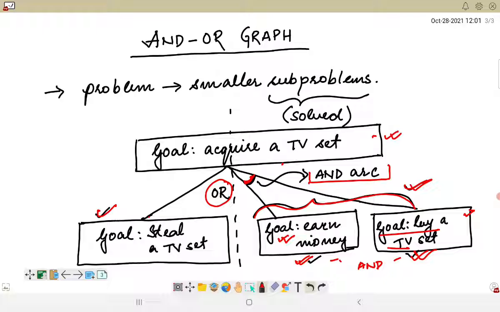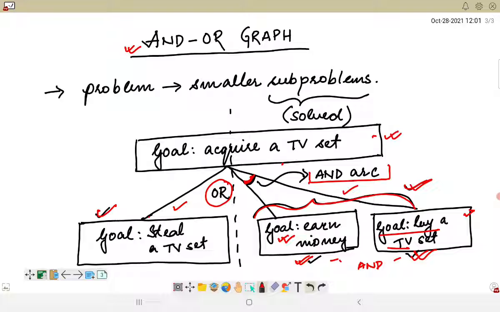That is why the structure is not simply an AND graph but rather an AND OR graph, because it has an OR associated with it as well as an AND graph and arc associated with it. So the name is given as AND OR graph. That means it might have multiple solutions, and those multiple solutions might have various AND arcs in them, and likewise you have to go on solving each of the arcs.